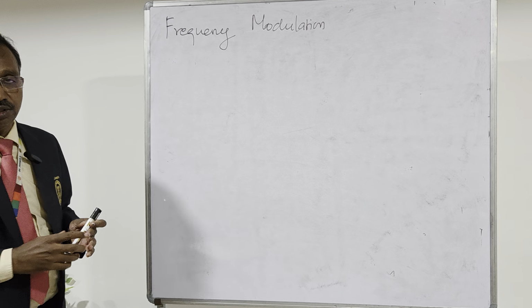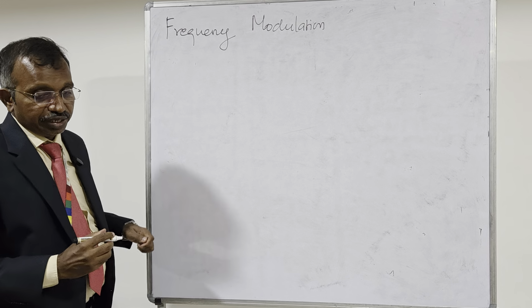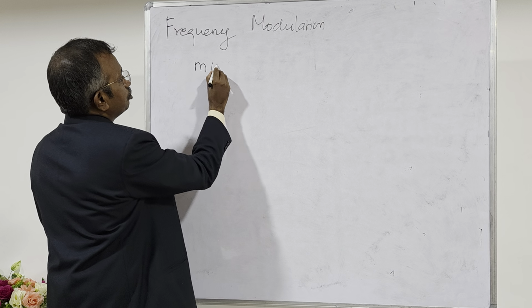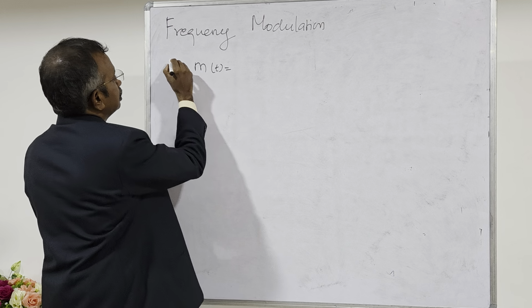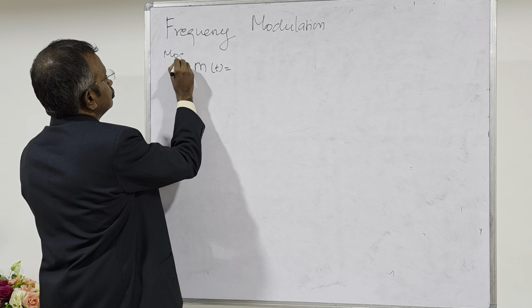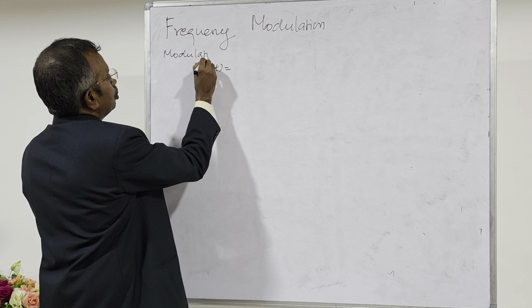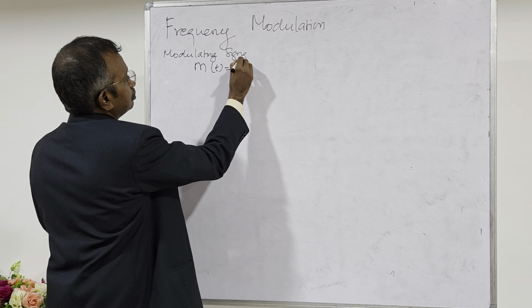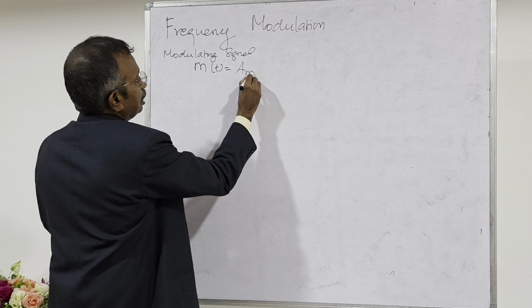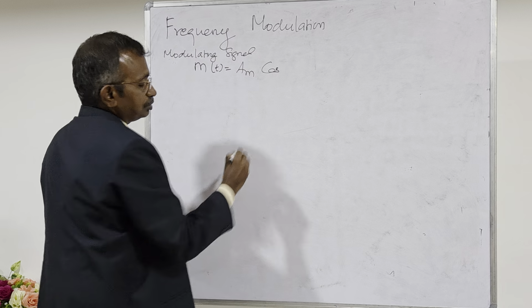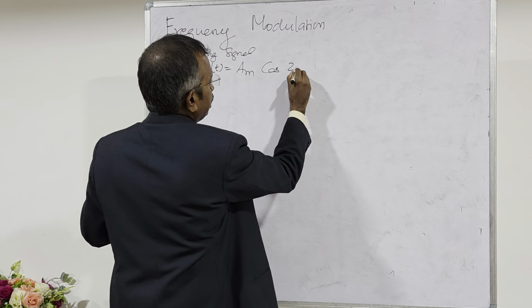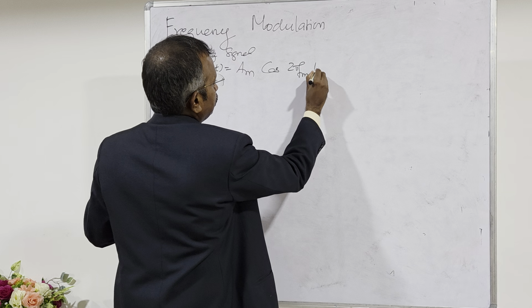Now consider a modulating signal, m of t. The modulating message signal is m of t equals Am cos 2 pi fm t.